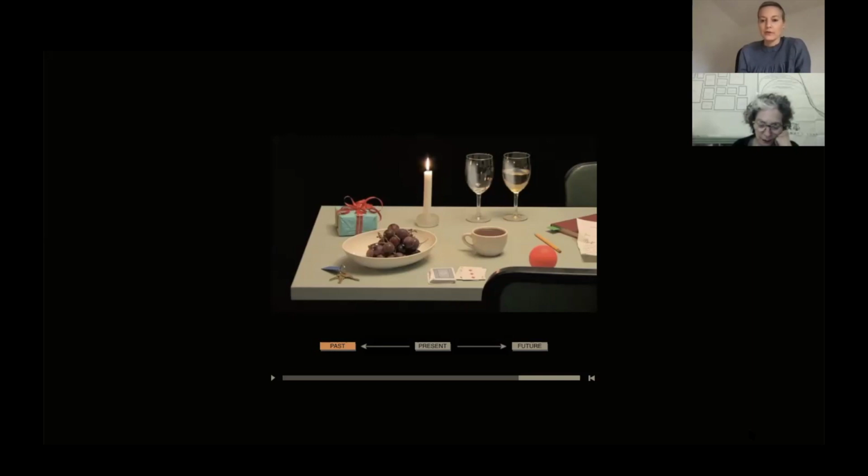There are threads that anyone who knows your work well will see. I think it's primarily the absence and the memory and these emotive qualities that you really feel from these objects. And it's not even just the narrative. If you were to step away and not even hear the voiceover and just watch the action on the table, I think you get a sense of that.